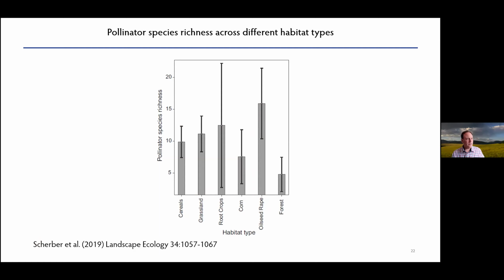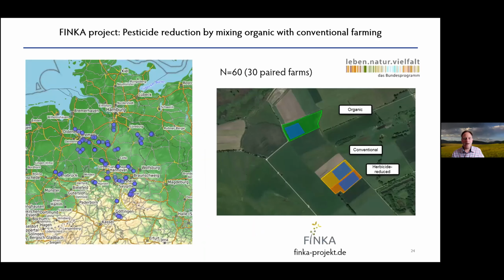The last thing I want to show you is a current study that we are conducting right now. Also in Lower Saxony, we are covering whole Lower Saxony, apart from the coastal areas here. And the idea here is, it's a new project called Finca, where we work with paired farms, organic and conventional farmers that have their farms in a vicinity of several kilometers.